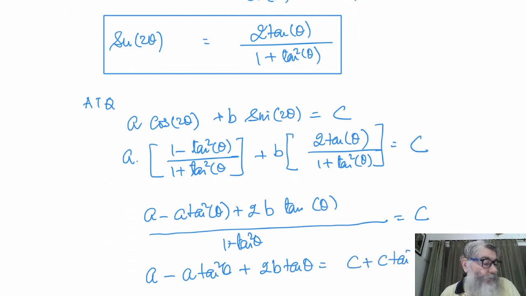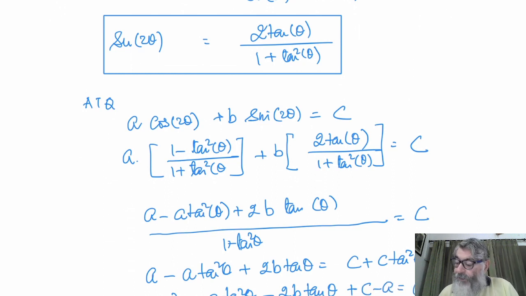Now what am I going to do? I can write it as C tan square theta plus A tan square theta minus 2B tan theta plus C minus A. I have transferred all the terms to one side.